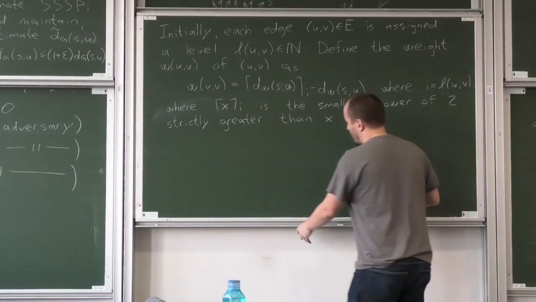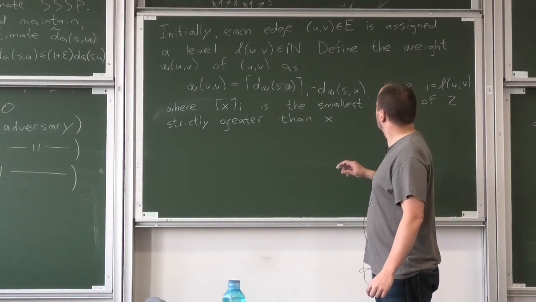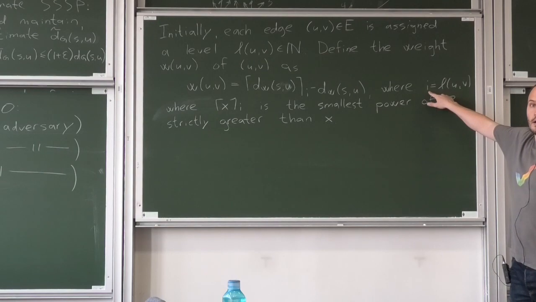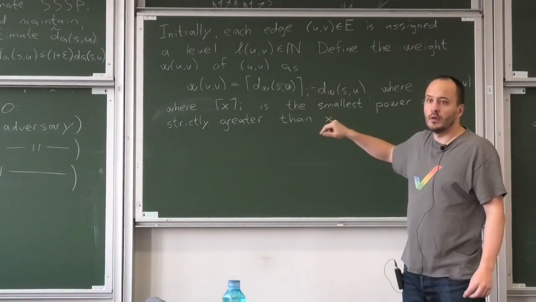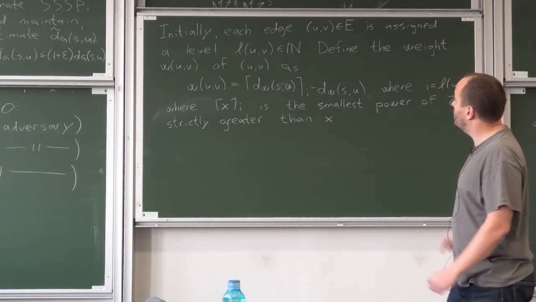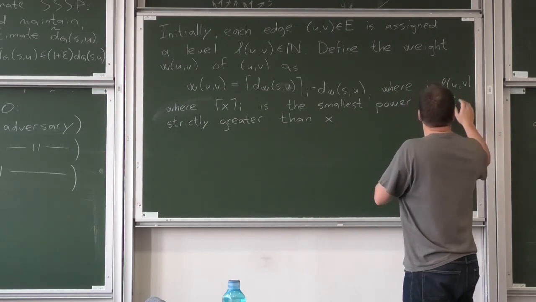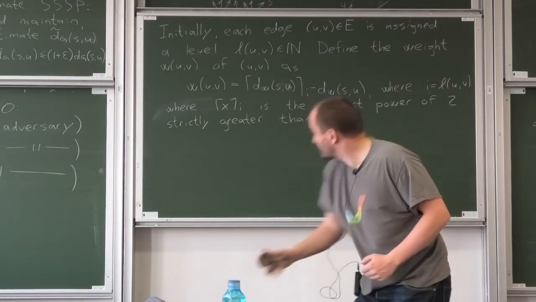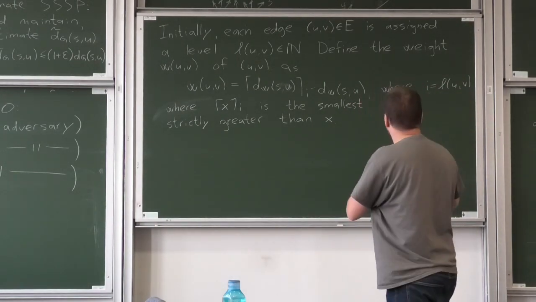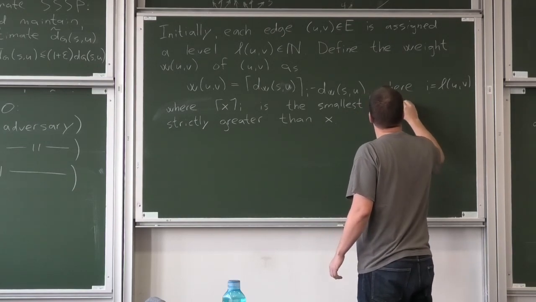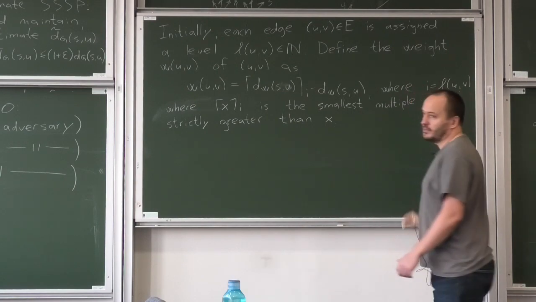I is the level of the edge. Sorry, I was too quick there. So it's the smallest multiple of 2 to the I. Thank you. That's what I meant.